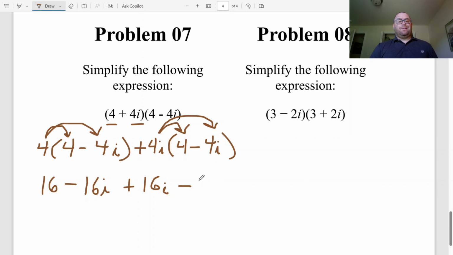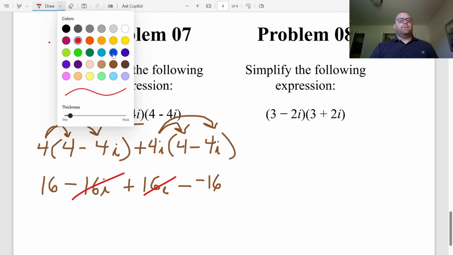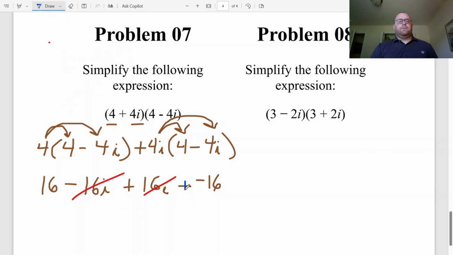And remember, i squared is negative 1, so we have minus 16 here. So note something here. The imaginary parts will cancel out with these type of problems. And we'll be left with just 16. And we change this. Subtracting a negative is like adding a positive. So 16 plus 16, we get 32 for this one.